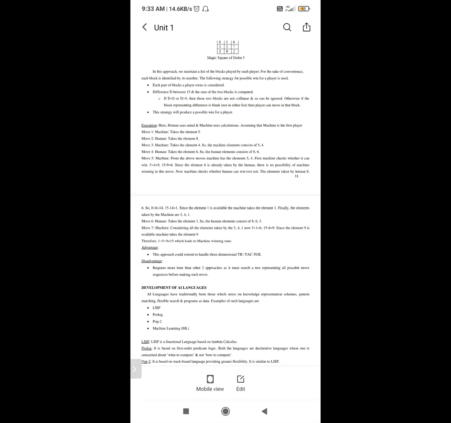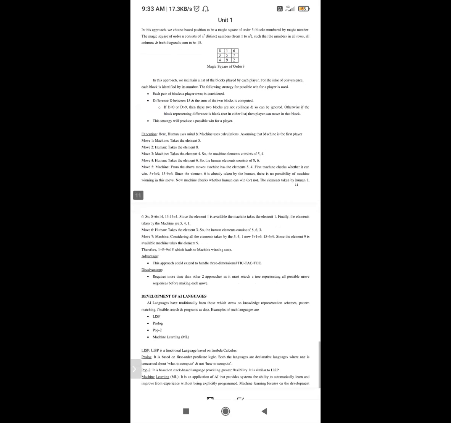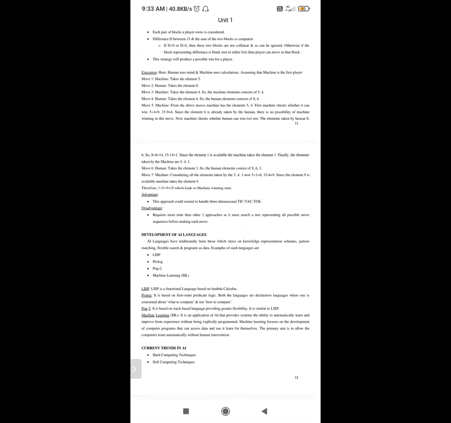Next, the difference D between 15 and the sum of the two blocks is computed. The sum of the two blocks should be computed, and it should be subtracted from 15 to get the difference.